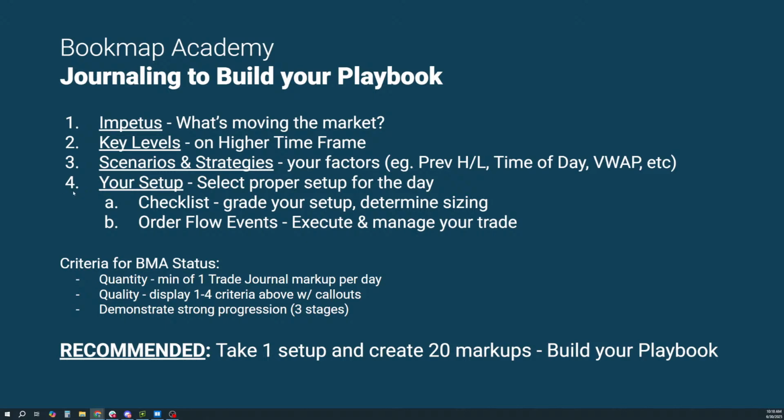Then finally, as you can see, number 4, we get down to our setup. So we want to be aligned as much as we can with the top 3, so that when we come to our setup, we know it extremely well, and all we have to do is execute. We have a checklist, and we go through the checklist, and we look for our order flow event to manage and execute the trade.